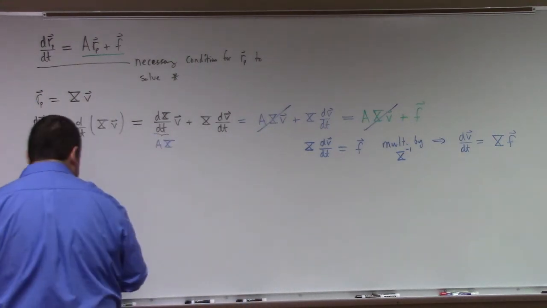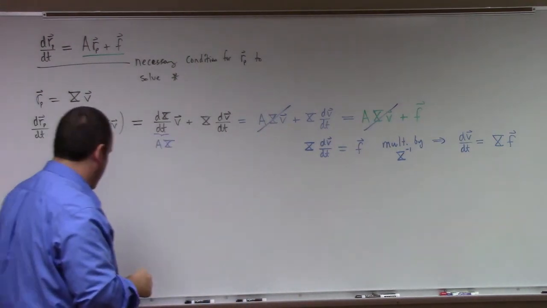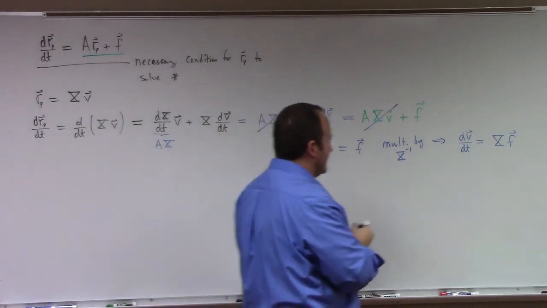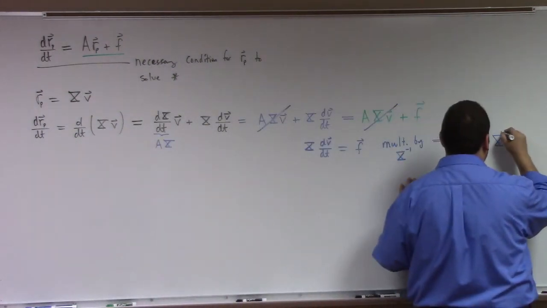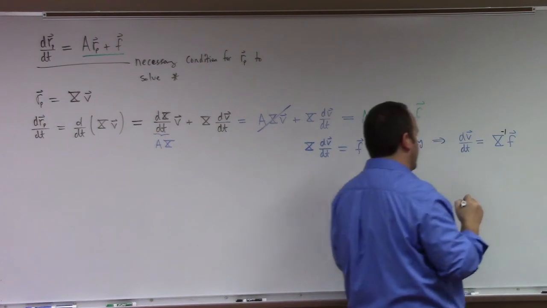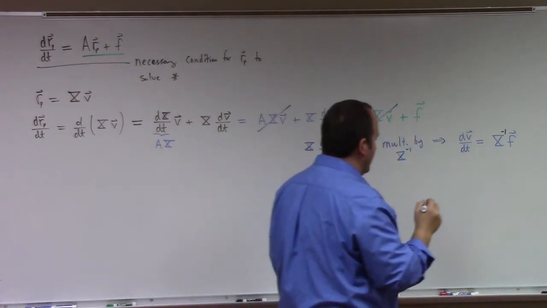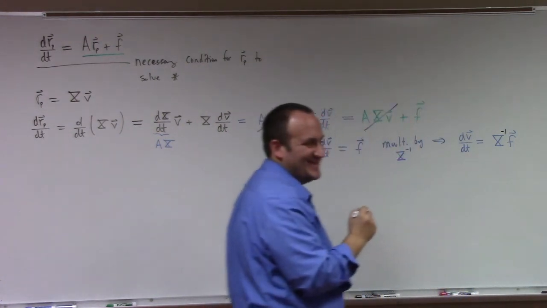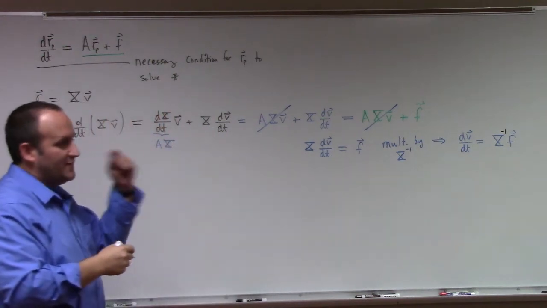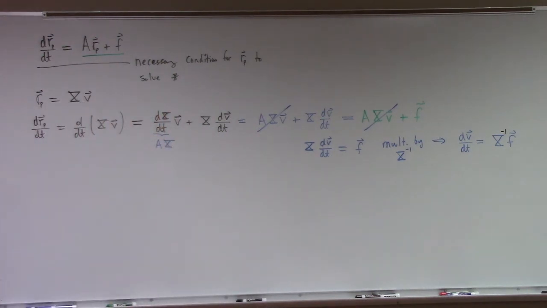And then, oh, yeah, wow, you guys are fast. All right, you guys are following along too much. I'm going to speed up. So then what can we do? We want to solve for the v vector. What do we do? Integrate.